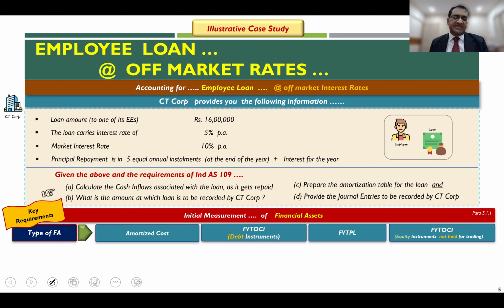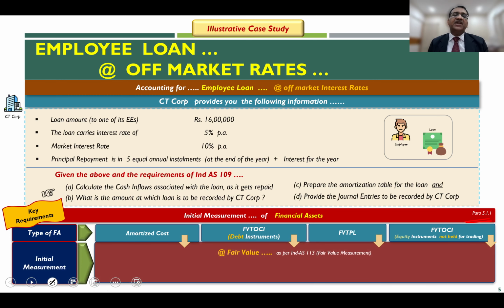This paragraph says that depending upon the type of your financial assets, and you might already be aware that there are 4 types of financial assets which could be there, the standard tells you that irrespective of the type of financial asset you are dealing with, like in our case the employee loan will fall into the amortized cost category, paragraph 5.1.1 says that initial measurement of all financial assets will be at fair value.